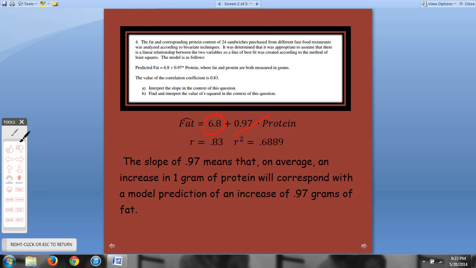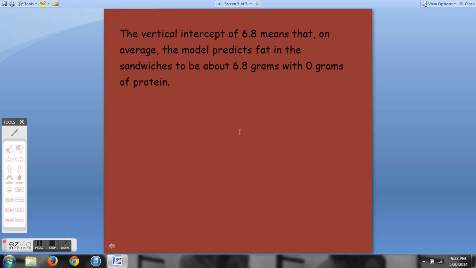So let's officially move on to the R squared explanation. You have your R squared value of 0.6889. You would say that your R squared value of 0.6889 means that about 69% of the variability in fat can be explained by the linear model that exists between fat and protein.